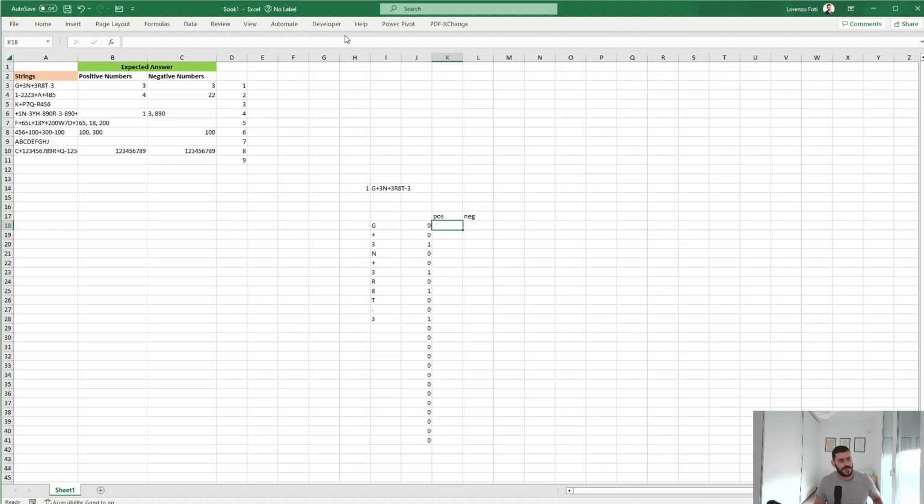Otherwise, what if I split on plus and minus sign? Because like this I need to check for this to be 1 and also the previous one, or some numbers before, to be actually a plus.